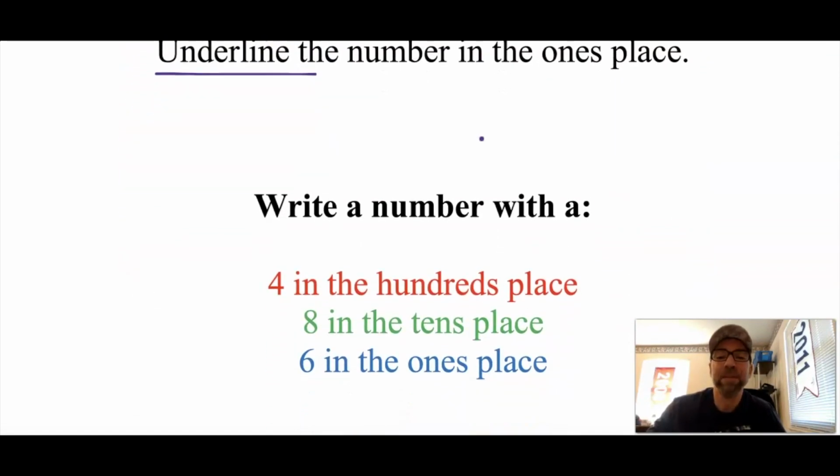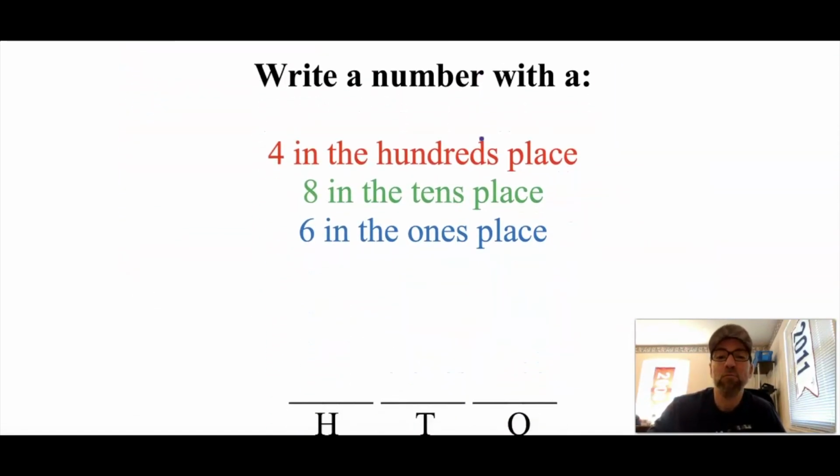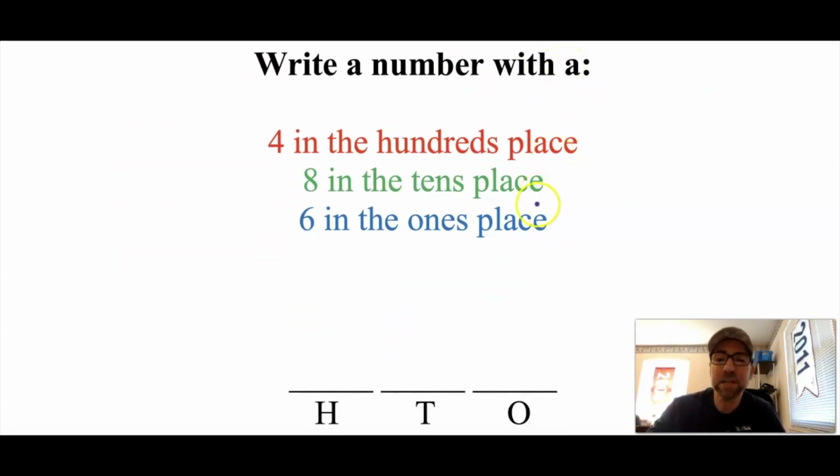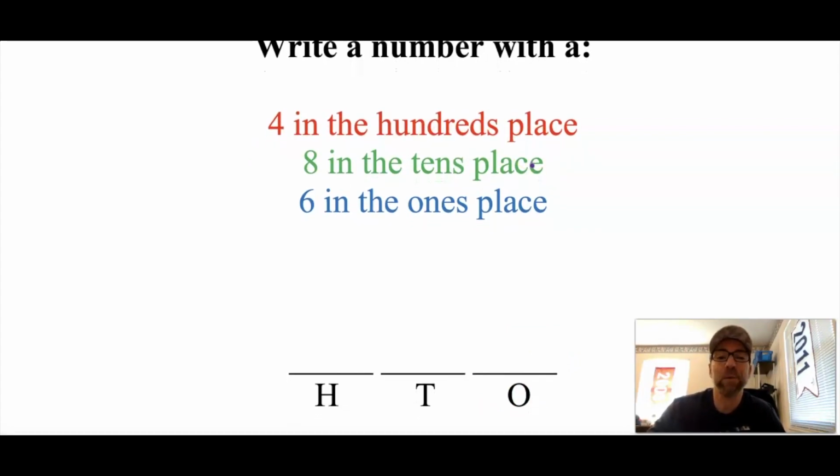Awesome job. Let's try another. We're going to write a 3-digit number. The number's going to have something in the hundreds place, something in the tens place, and something in the ones place. We're going to have a 4 in the hundreds place. So where would I write that 4? Well, the hundreds place is the 3rd place.